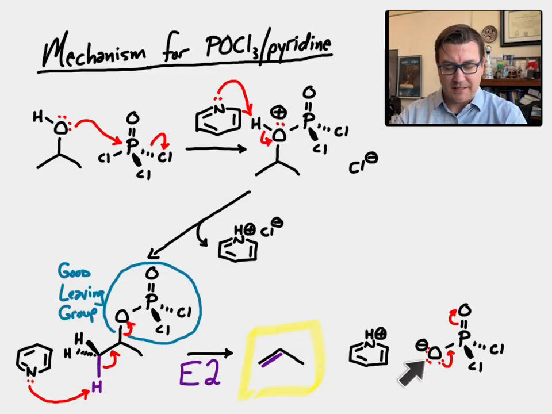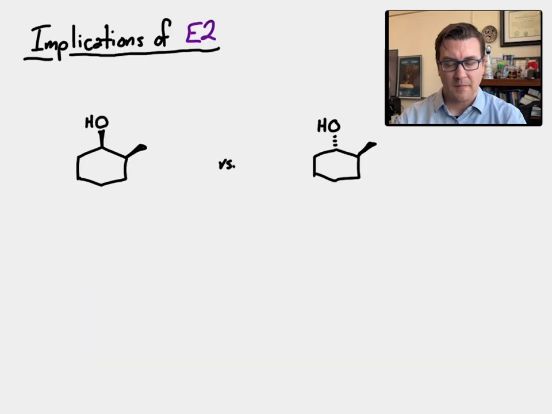I'll point out that this is a good leaving group because you have resonance structures for this oxygen, so this negative charge can actually be delocalized across both of those oxygen atoms. So it's an E2 mechanism, so let's again remind ourselves of the implications of an E2 elimination reaction. We have to have the anti-periplanar orientation, so if you need a refresher on that, go back to that previous video on E2 elimination mechanisms.